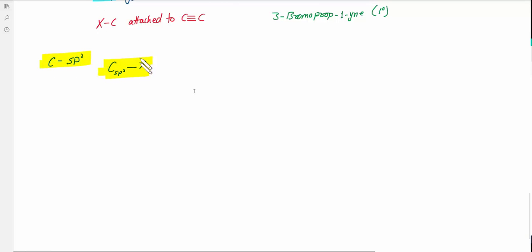And now this compound, where the halogen will be directly connected to the carbon which is having sp2 hybridization. That means the carbon is having a multiple bond, mainly a double bond.